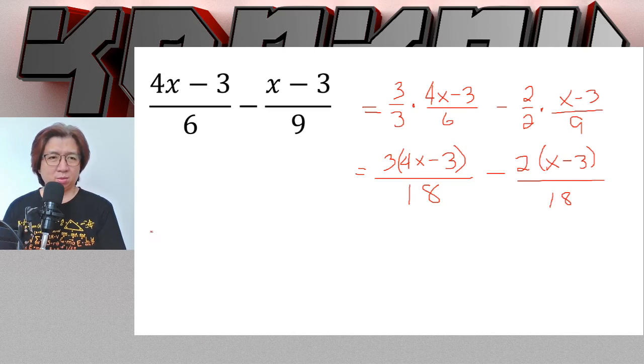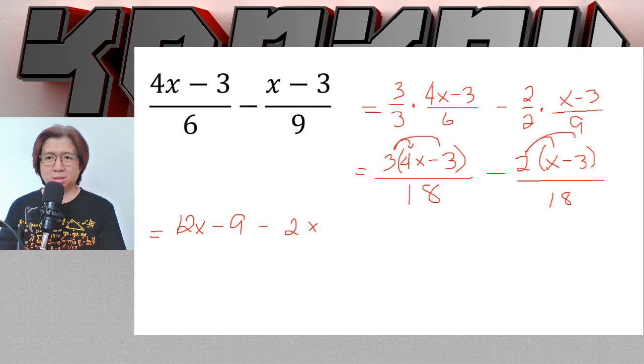Next one, so I'm going to write it here. Let's proceed. So we have 12x minus 9, and then minus 2x and then plus 6 all over 18.